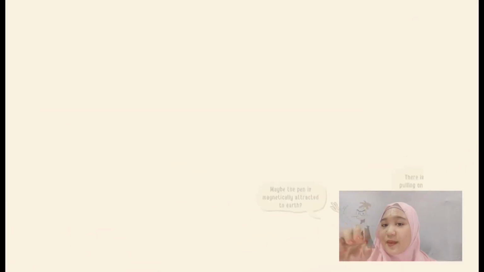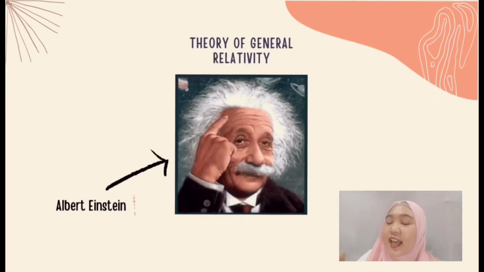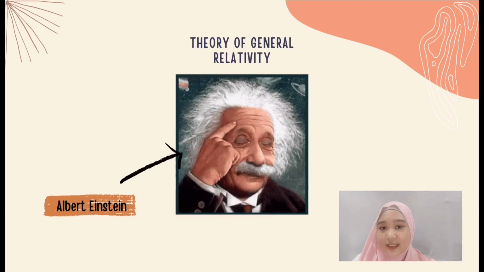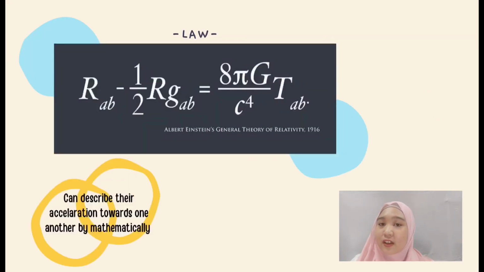We can eliminate all of the hypotheses and we get a theory. Thanks to Einstein, we got a theory called general relativity. Based on the law, I can mathematically describe how fast that pen and Earth will accelerate toward one another based on their masses and distance.